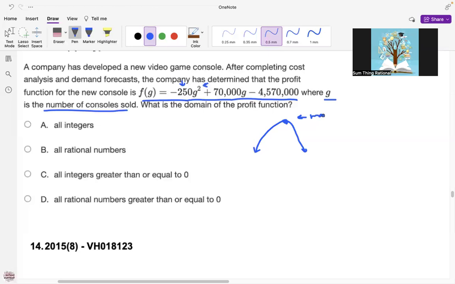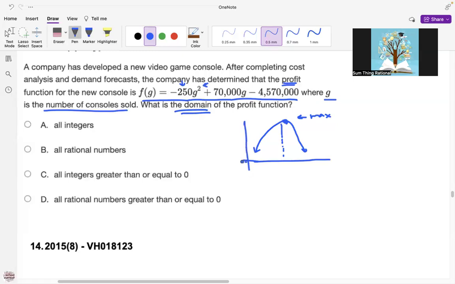But this question does not ask for maximum, minimum, or something like that. In this question, they ask, what is the domain? The height of the function is related to profit. As long as you sell many consoles, you get more profit maybe, and later maybe your profit will decrease. For the domain of the function, we need to see the x-axis.